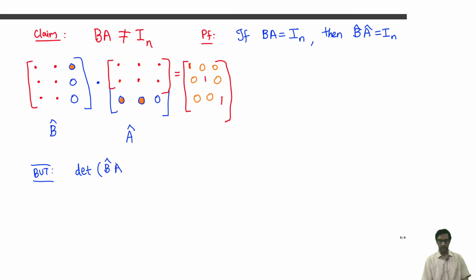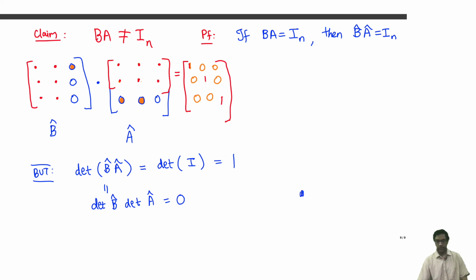The determinant of B hat A hat must be the determinant of the identity matrix, which is 1, but we know that this is determinant of B hat times determinant of A hat, both of which are 0 because we explicitly put one 0 row or 0 column into both. So that's the end of the proof. That's a contradiction. You cannot have BA equals identity, which means that you can't have M less than N.